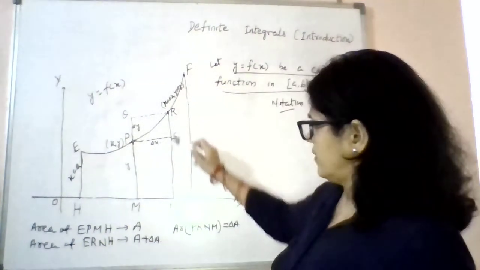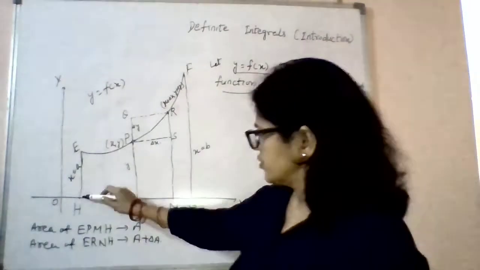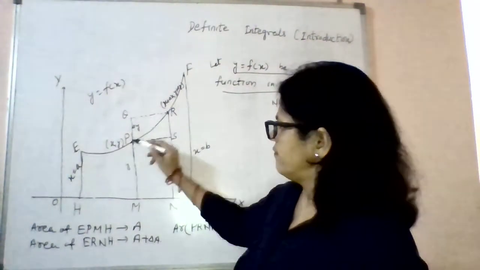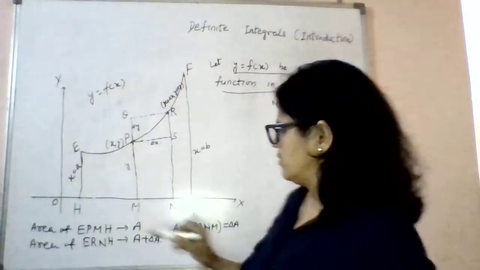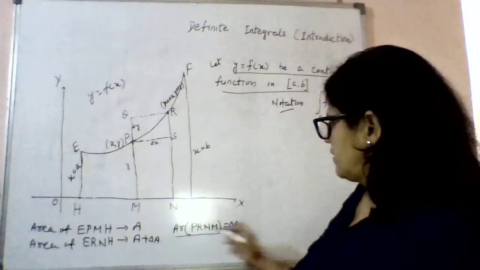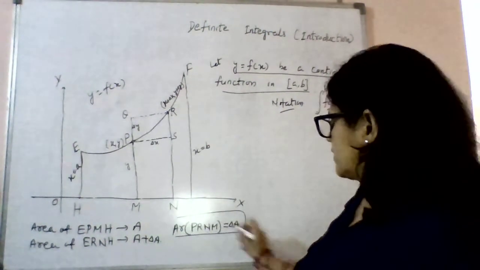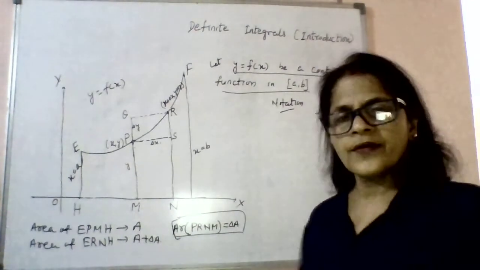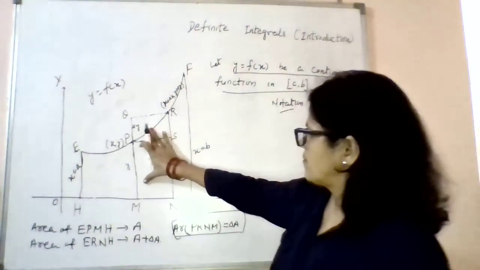Area of ERNH minus area of EPMH. It means the area of PRNM equals delta A.